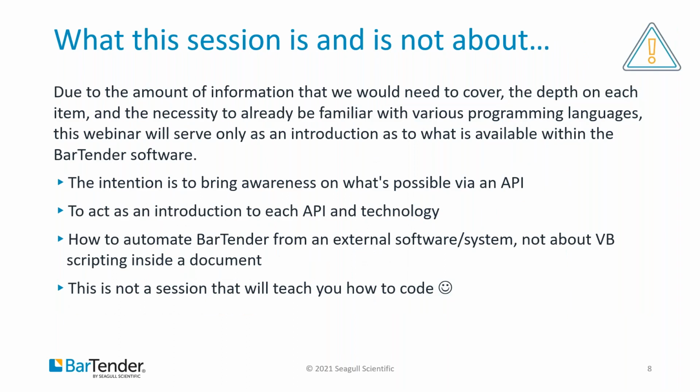The main difference, of course, between the integration platform and using the APIs is that with the integration platform, you can rapidly and easily create your integrations, your automated processes, using the integration builder.